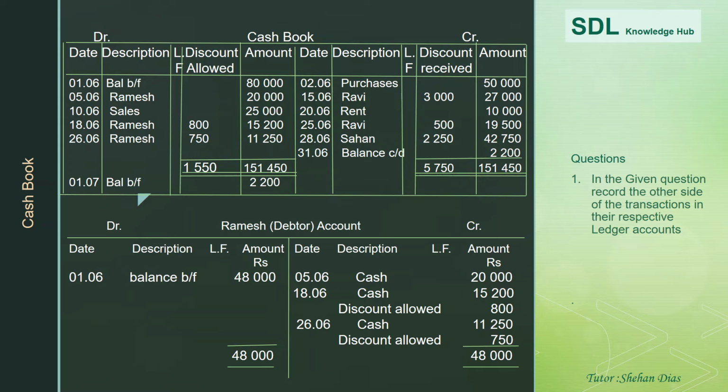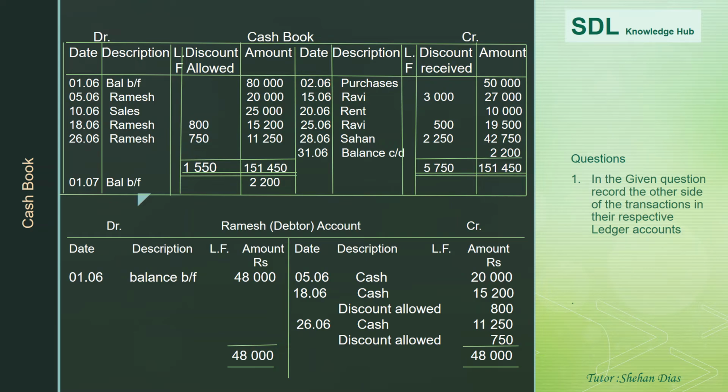In the discount allowed column 800, and the amount of cash 15,200, stating Ramesh the debtor. Then shop rent paid for 10,000. So again credit the cash book for 10,000 stating shop rent account, and the shop rent account is debited for 10,000.